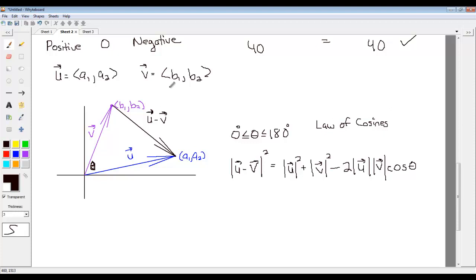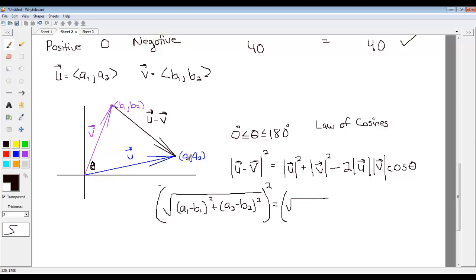Okay, so in the case of u minus v, the magnitude is the square root of a1 minus b1 squared plus a2 minus b2 squared, and that whole thing's squared because of the formula. And that equals, okay, magnitude of u is the square root of, well, remember this right here is 0, 0, so a1 minus 0 is still a1, and a2 minus 0 is still a2.